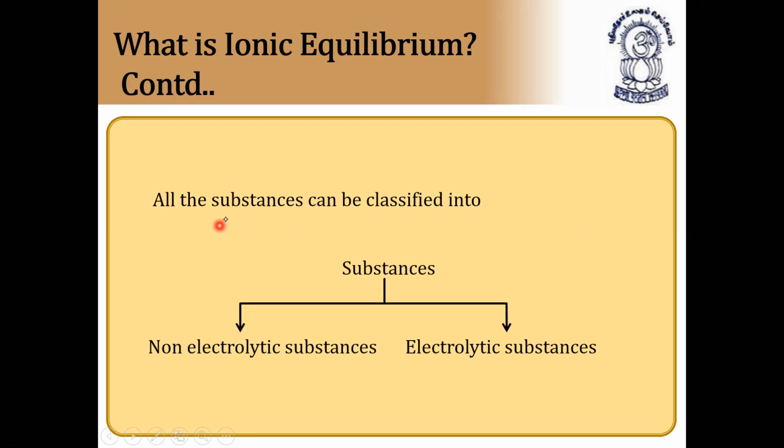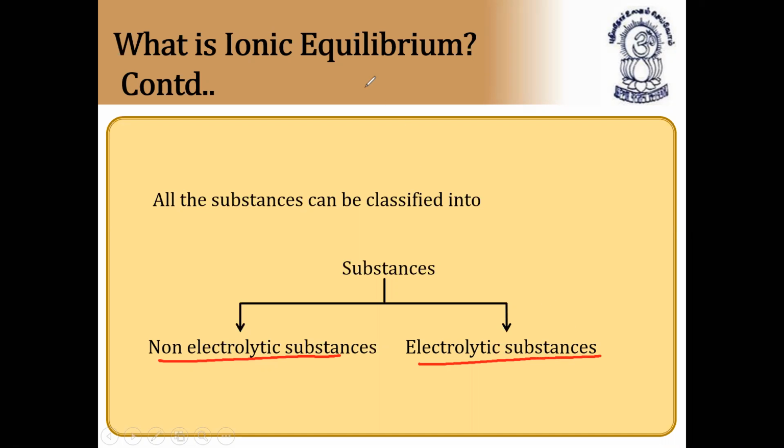Before going to ionic equilibrium, generally in chemistry, all the substances can be classified into two categories: non-electrolytic substances and electrolytic substances. What are non-electrolytes and what are electrolytes?